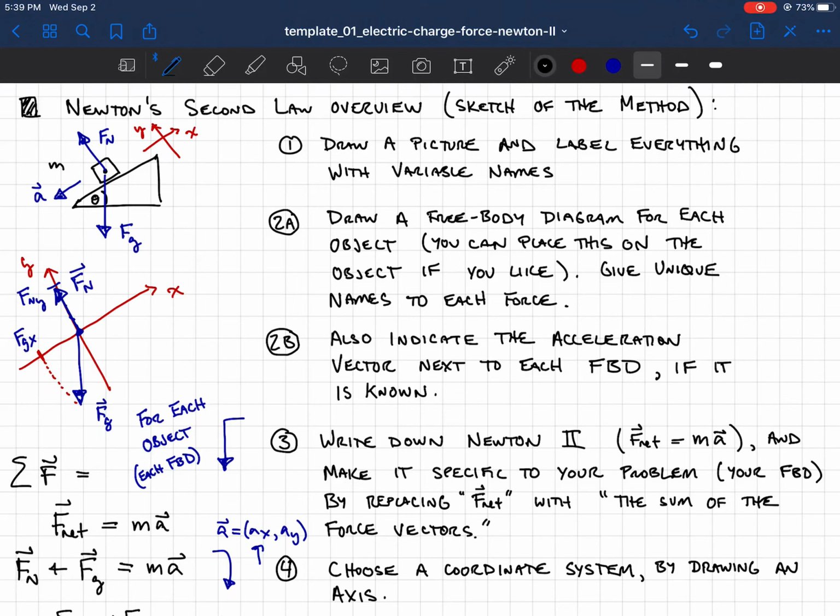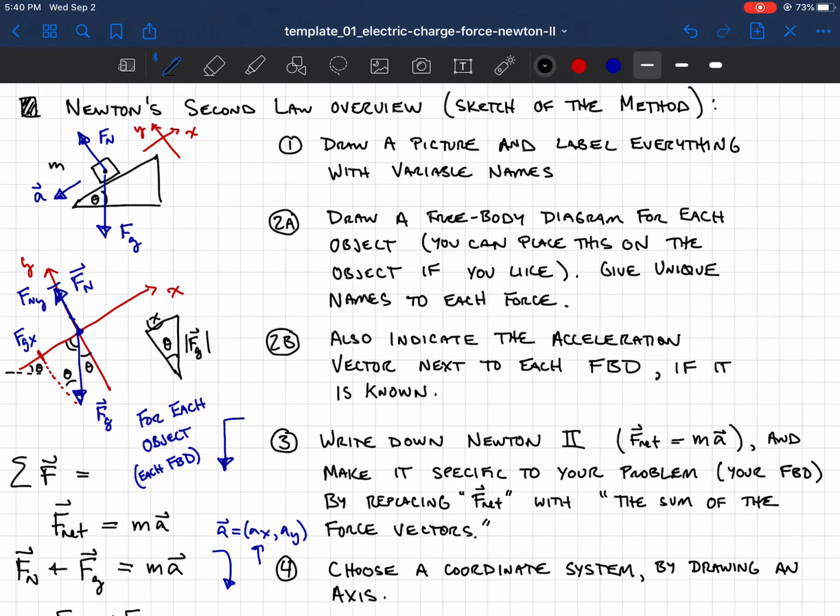Well, I can see, for example, this is actually the ramp angle here, theta. So if that's true, then this is not theta. But since this is 90 degrees, this angle here is theta, and also this angle here is theta. So that tells me I can look at this little triangle here, where I have theta, I have the magnitude of Fg on the hypotenuse, and this little side is what I'm looking for.